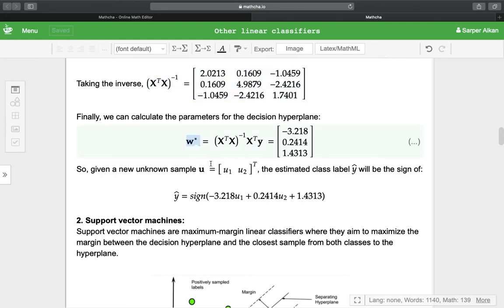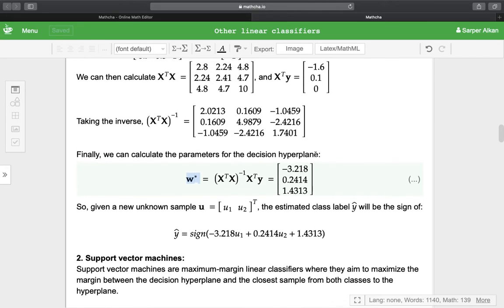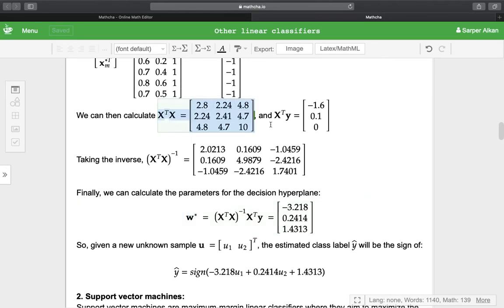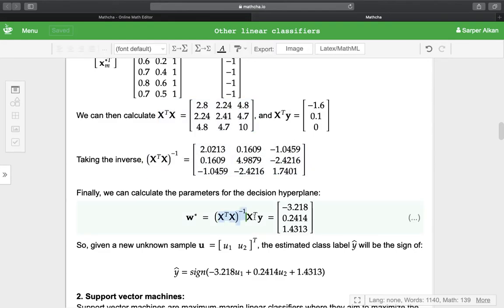That's w star, which is X transpose X inverse times X transpose times y. We have calculated these. So we have calculated here, and we have calculated this part here.